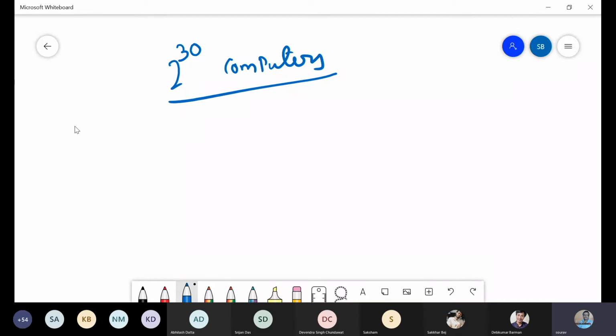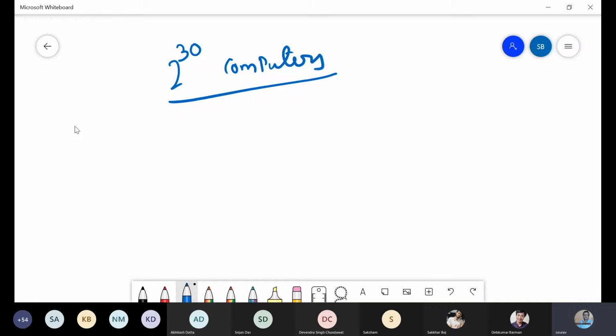For that, we can design a chip that takes two inputs: one is the plain text, which is known, and another is the key which we are choosing.